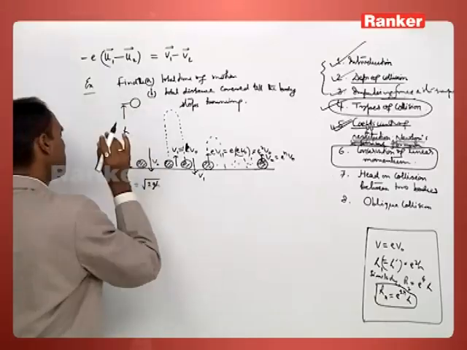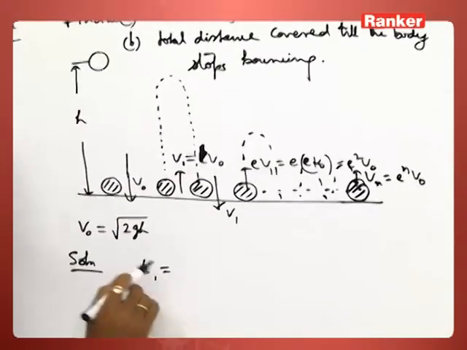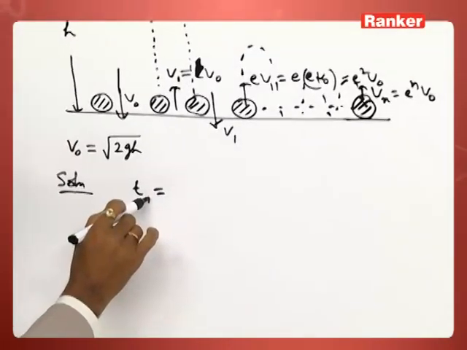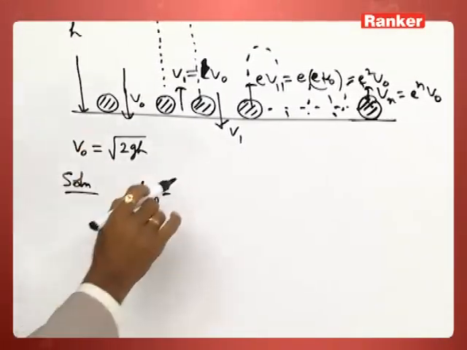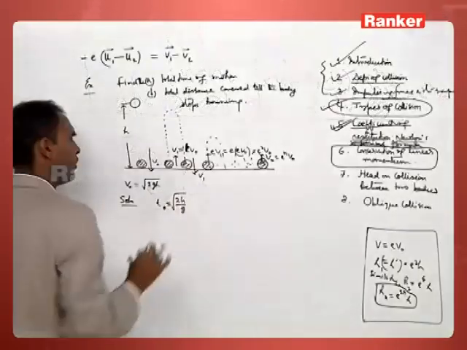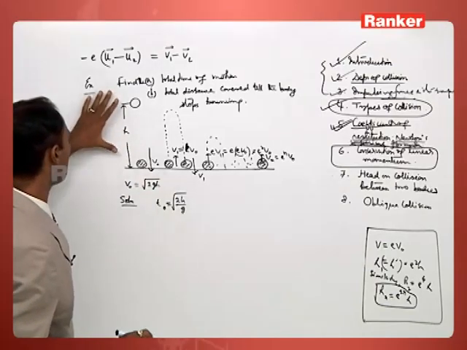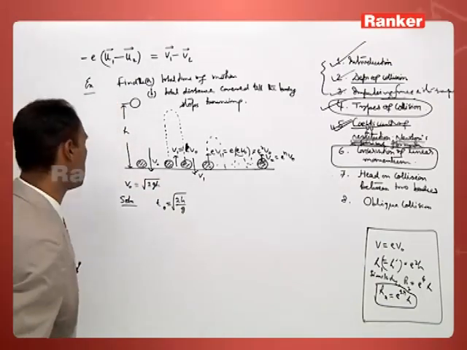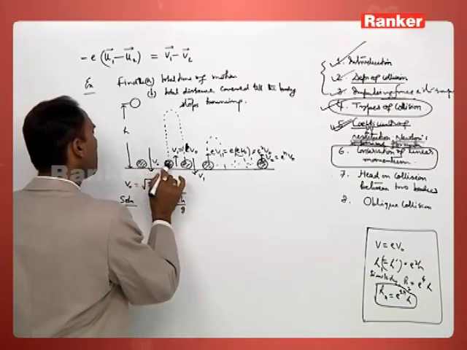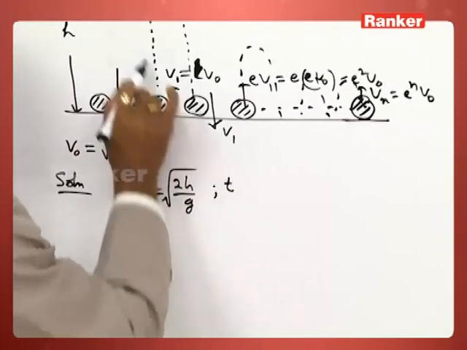From here to here, let the time be t1, or you can write t0. That's equal to square root of 2h by g. You can obtain this formula by applying s equal to ut plus half at square. Everybody knows this. From here to here, let the time be t1.